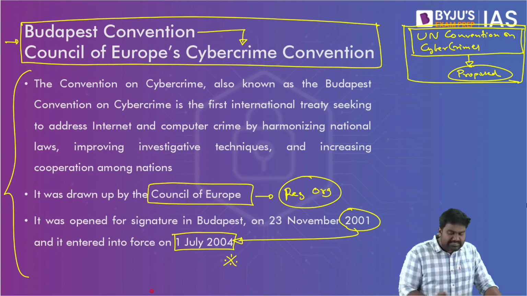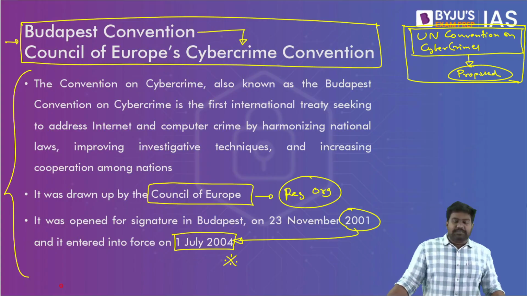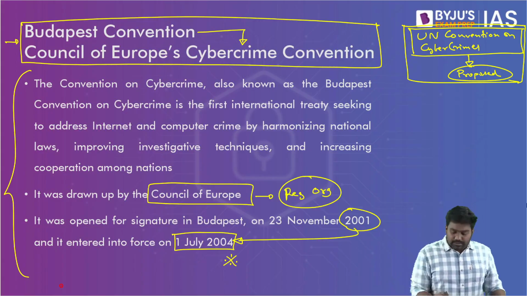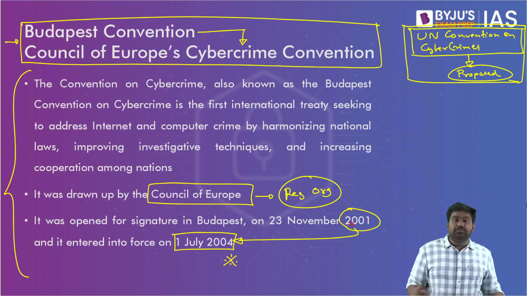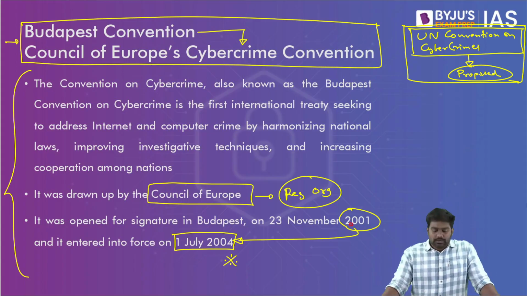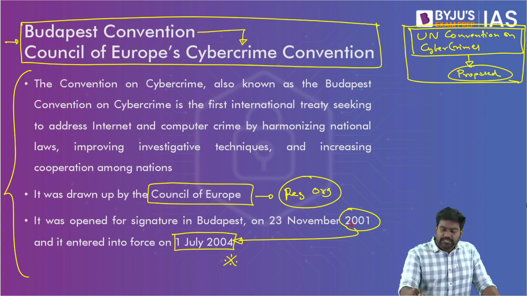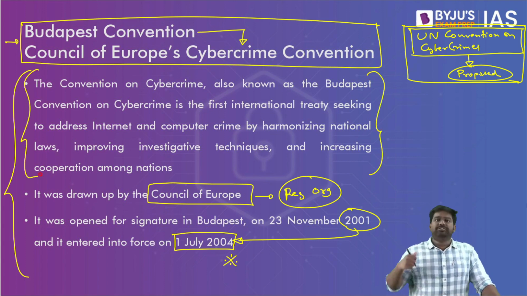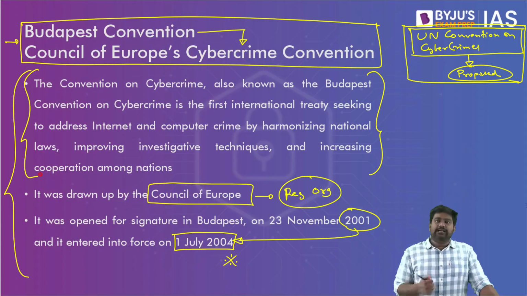All right, remember the basic facts. The Budapest Convention, also called the Cybercrime Convention, right? The Council of Europe's Cybercrime Convention. It was brought out by the Council of Europe in 2001, adopted in 2004, and today it's the only convention we have at the global level to deal with all forms of cyber crimes, be it cyber frauds, data theft, ransomware attacks, right?